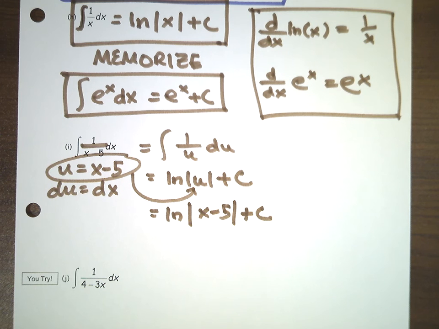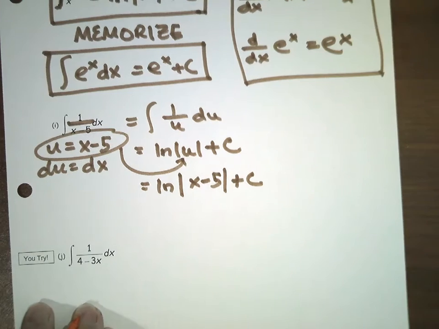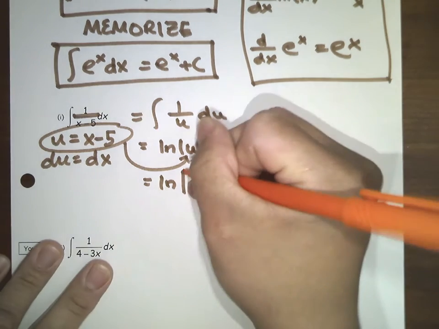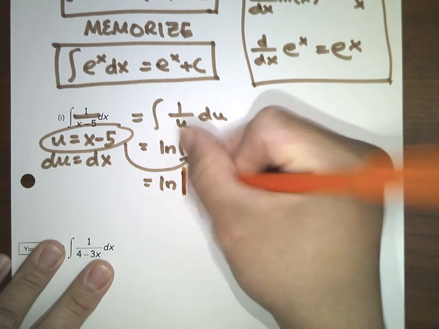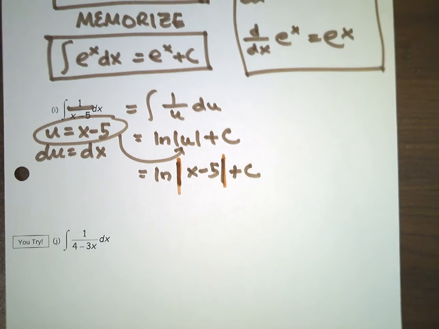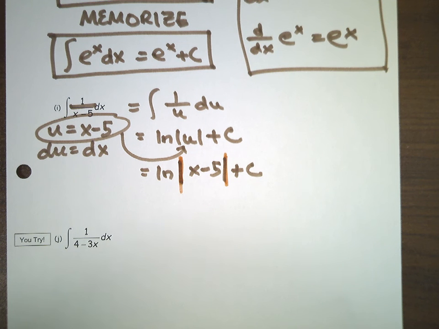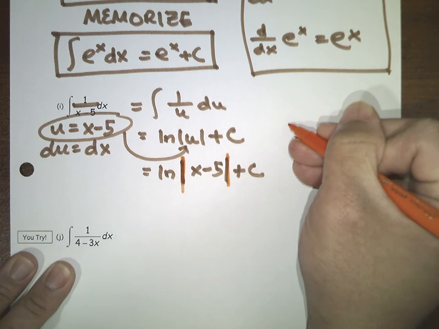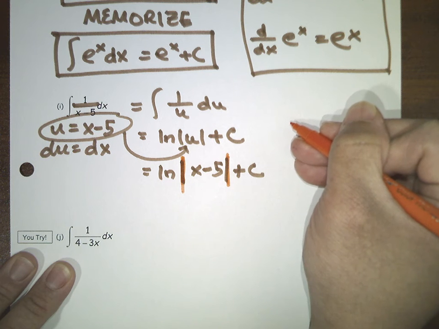And I will be very cautious, or I don't even know if it's a caution as much as it is a warning here, that I remind you to make sure that these are absolute values, all right, because that's part of the definition here, that this needs to be the absolute value, because remember the domain of the natural log, right?